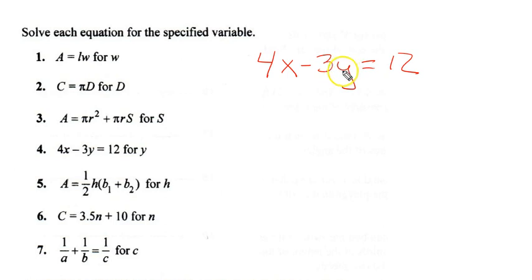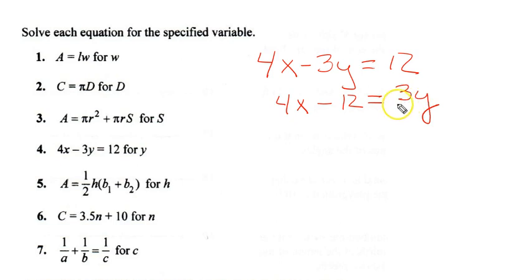So if I want y to be positive, I would transpose it to this side, where it becomes a positive y. Transfer the 12 to this side, where it becomes a negative 12, and the 4x remains.